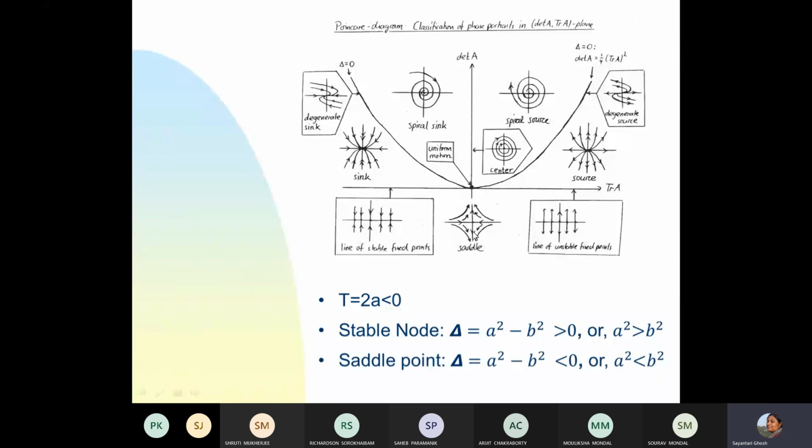Determinant is this axis. If determinant is positive, then I am on this side. So it depends on the values of A and B, whether A is greater than B or B is greater than A. That basically controls which way the friendship is going to drive.